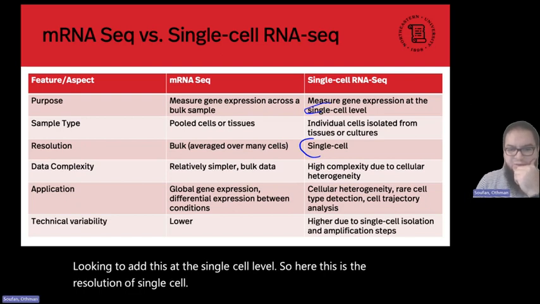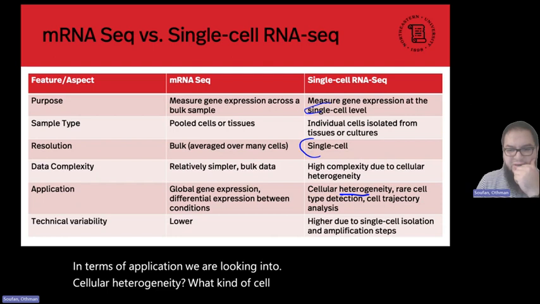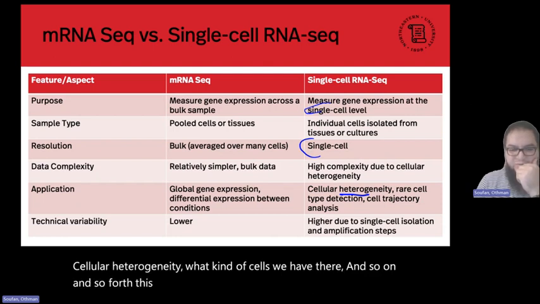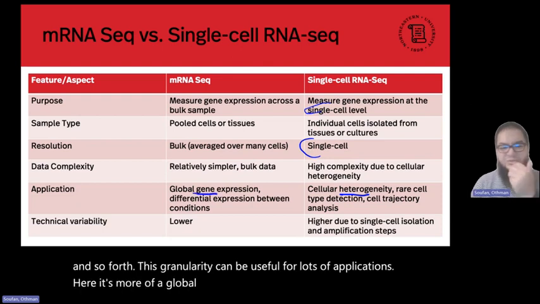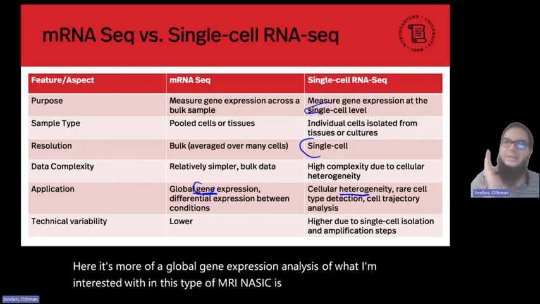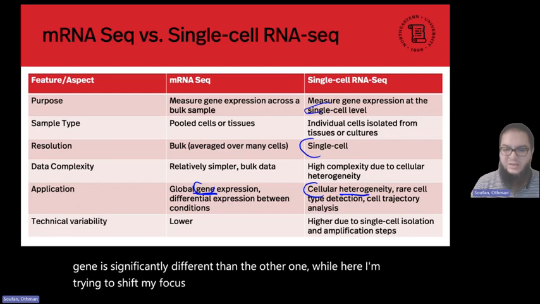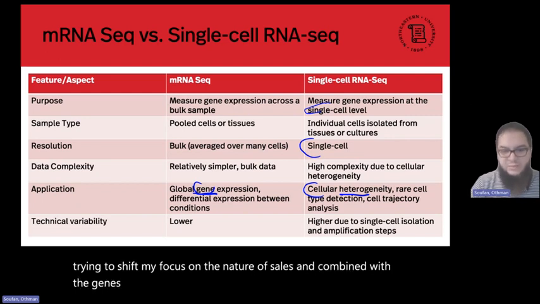In terms of application, we are looking into cellular heterogeneity, what kinds of cells we have there, and so on. This granularity can be useful for lots of applications. Here, it's more of a global gene expression analysis. So what I'm interested in with this type of mRNA-seq is to see if this gene is significantly different from the other one. While here, I'm trying to shift my focus to the nature of cells combined with the gene information.